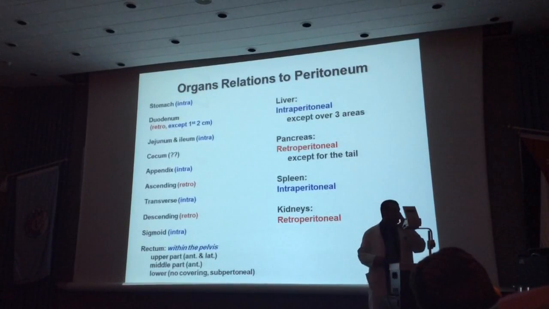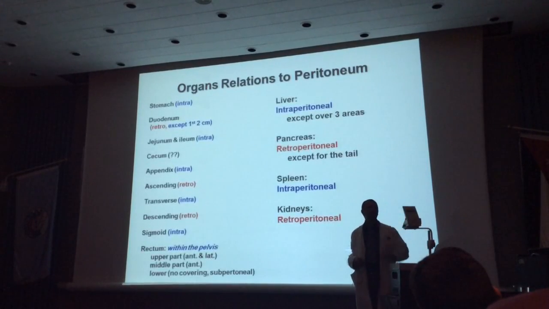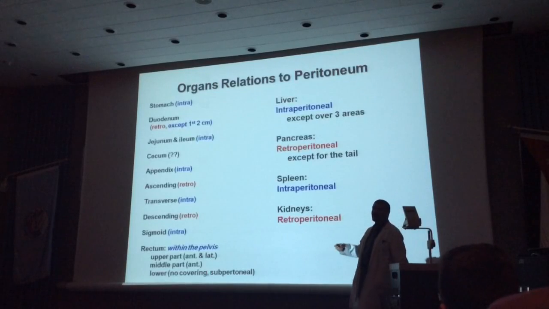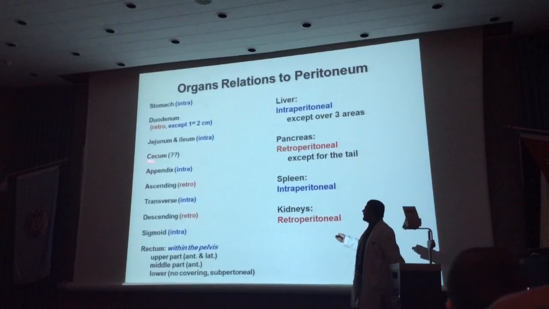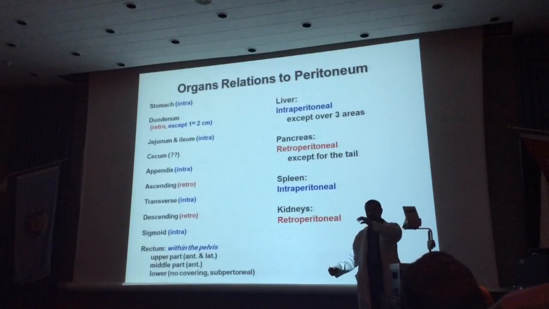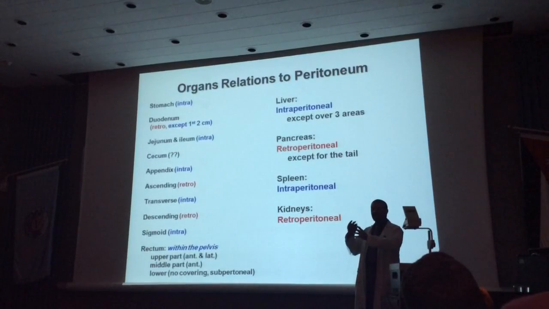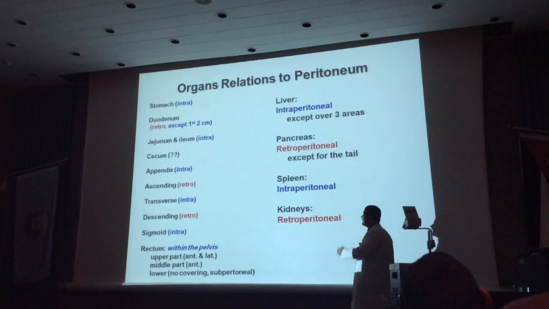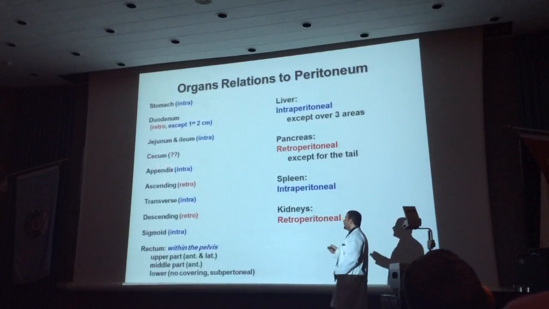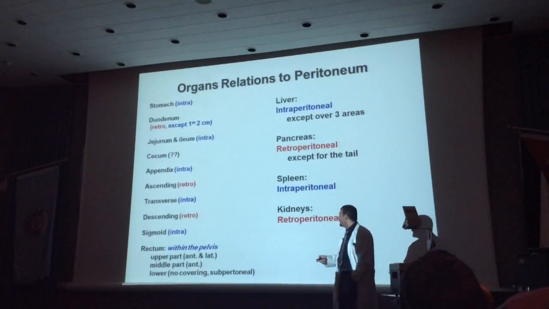A student asked me yesterday and I confused it: it's not primary, it is secondary. So it's a transitional state from the appendix intraperitoneal to the ascending colon retroperitoneal. The peritoneum leaves its mesentery but is still covering the cecum. So it's partially covered by peritoneum.